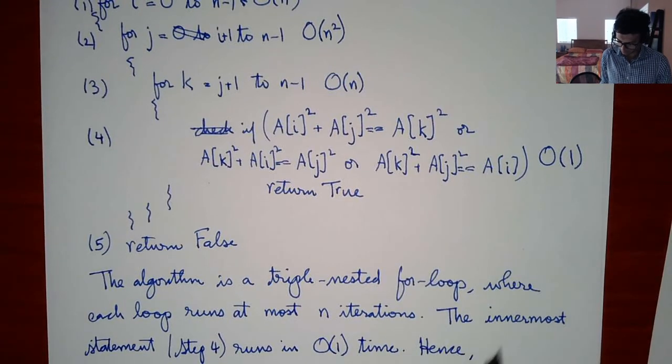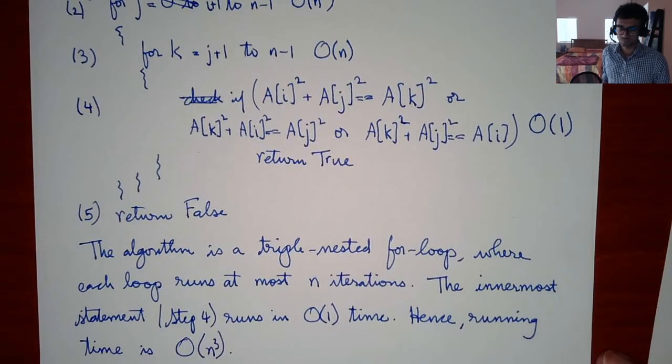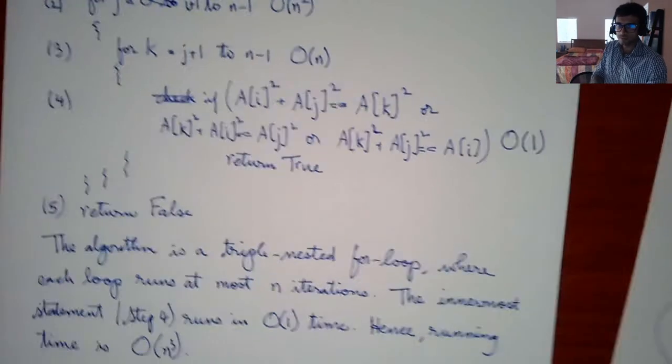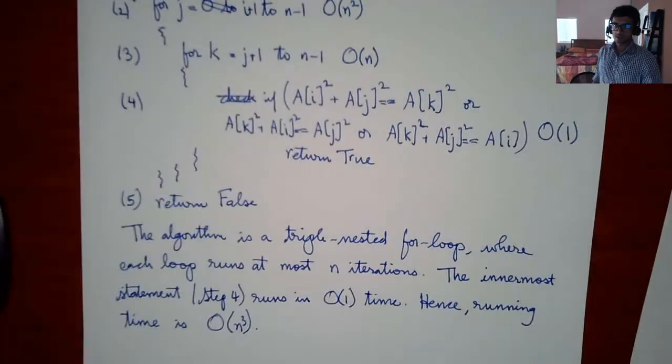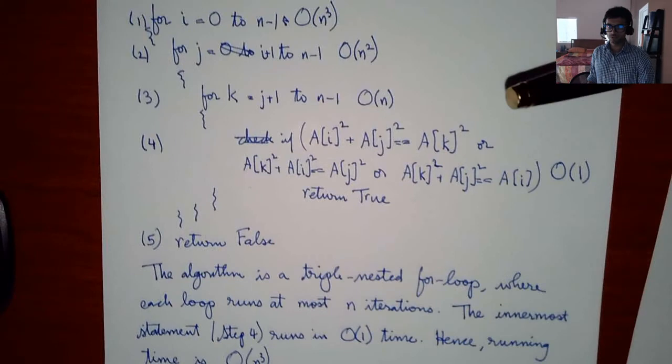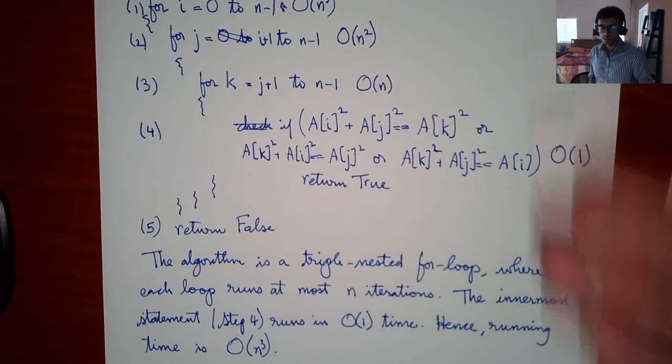Hence, the running time is O of n cube. Okay? In your tests, when you get a question of this form, this is what I expect. I will say, just write down a brute force solution, and this is what you need to write.